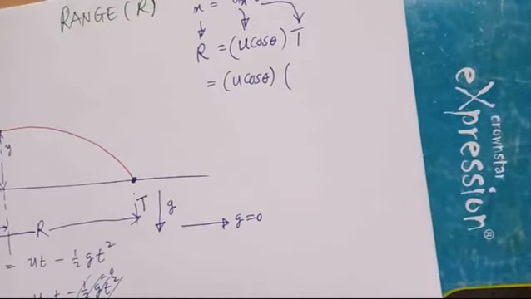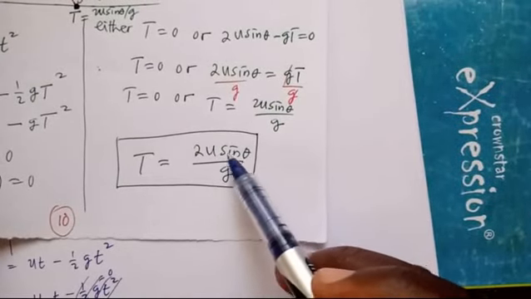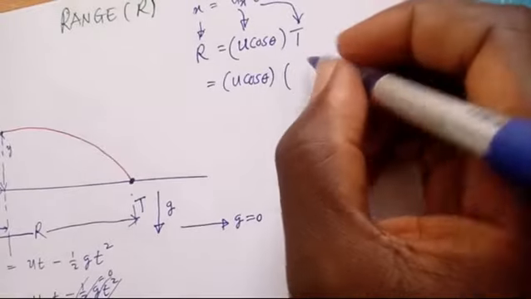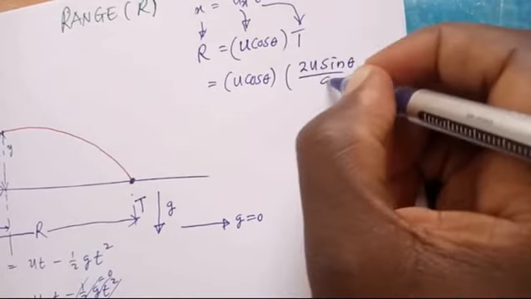We got the expression for time of flight. You need this expression now. It says T is equal to 2u sine theta over g. So you write 2u sine theta divided by g.